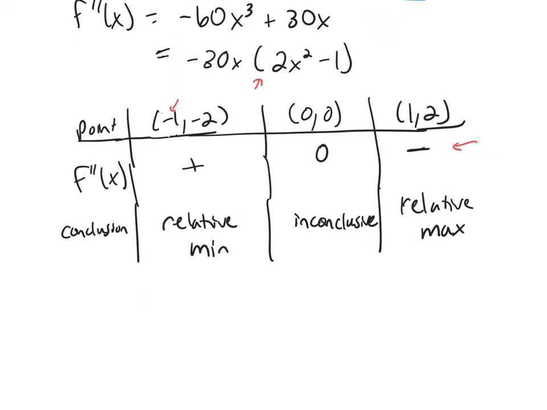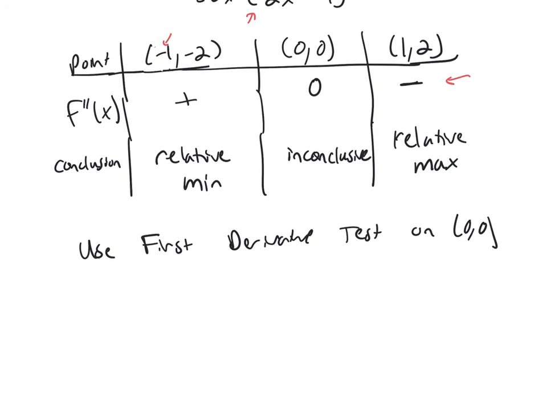So I don't know about this point 0, 0, so you're going to have to revert back to using the first derivative test on the point 0, 0. So go draw your number line. Here's 0. Pick 2 test points, and you need to stick pretty close to 0 because of your 1 and -1. -1/2 and 1/2.